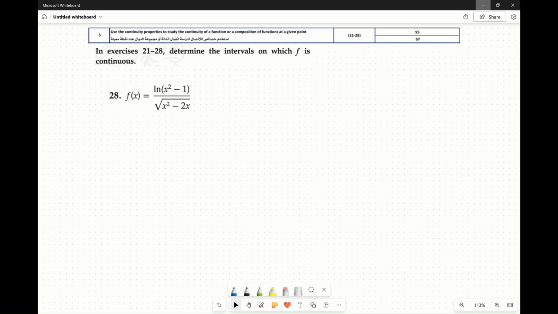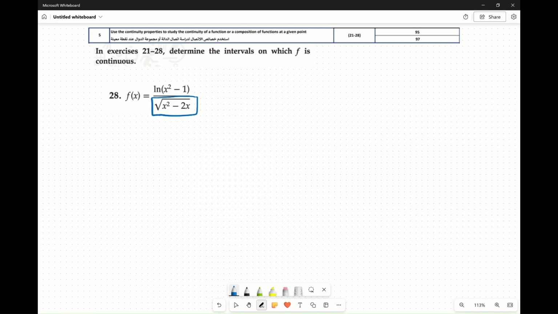The last one in question number 5 is this one. Now I see that in this one we have a numerator and we have a denominator. Whenever I have a numerator and a denominator, I know that number 1, the denominator cannot be equal to 0.